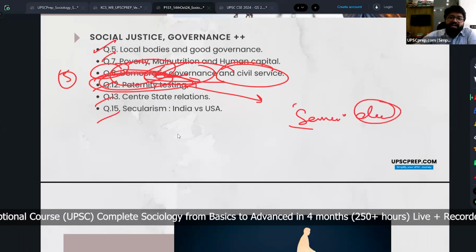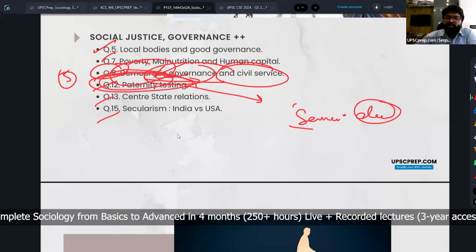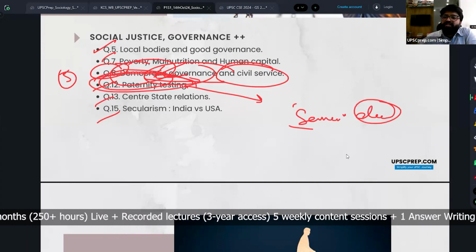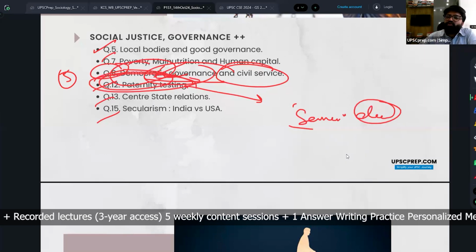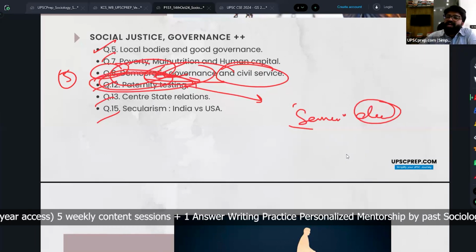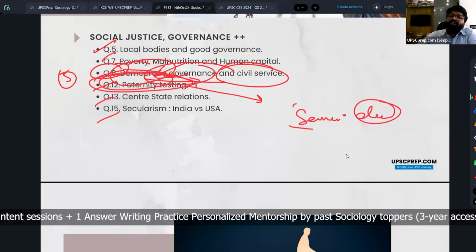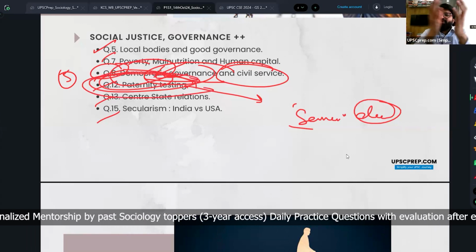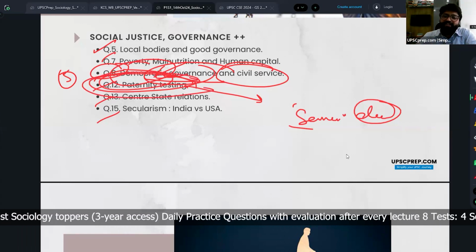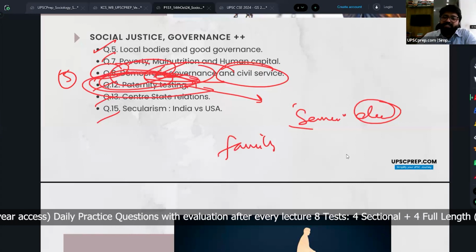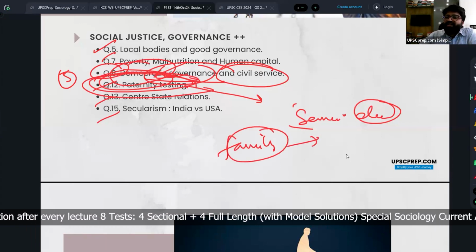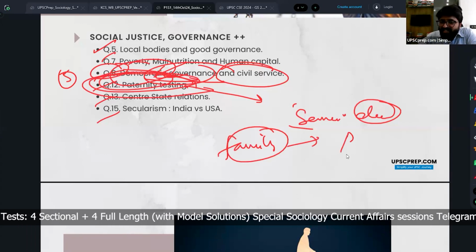You may have read that parents asked the court, in the context of ART technology, whether they can use semen saved by a person who was about to die of cancer. Imagine that. This paternity test ultimately is, when we discuss family, some perspectives we discuss on why family emerges. It is to establish paternity.